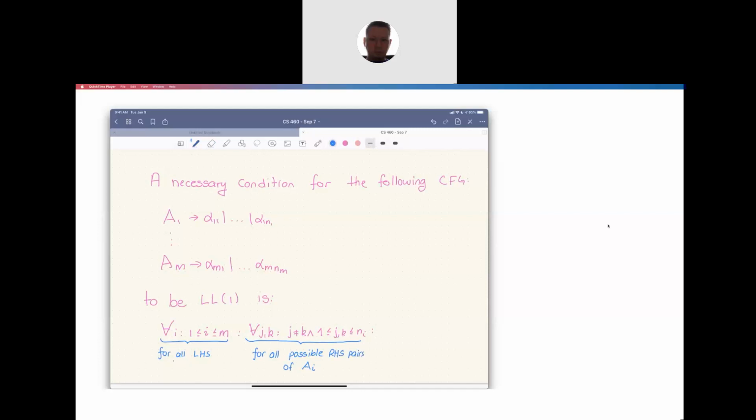This is basically picking the right-hand sides, and those pairs are alpha i j and alpha i k. The first set of alpha i j intersected with the first set of alpha i k is empty. So there we go. I don't know how many times I've written that in my life.